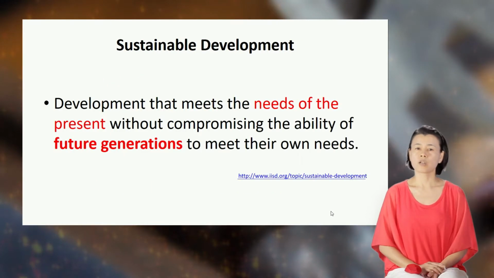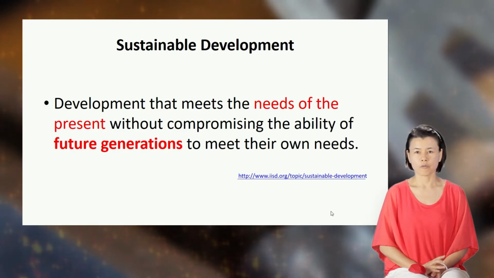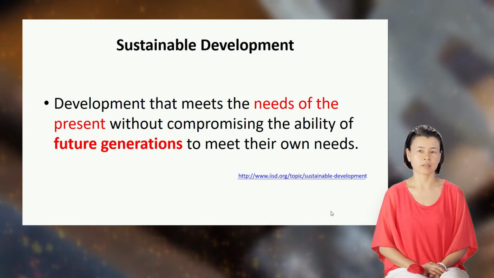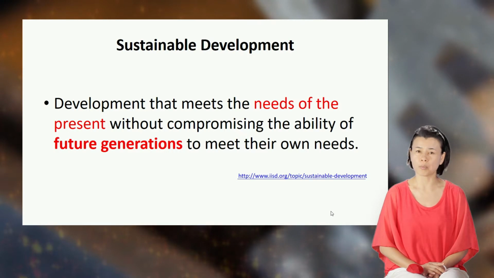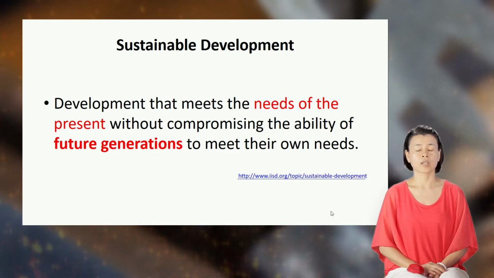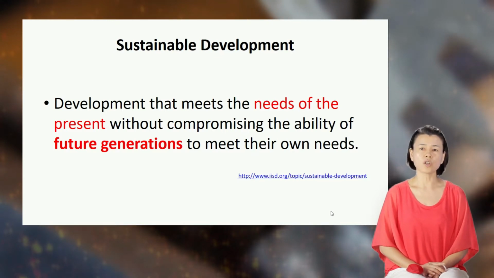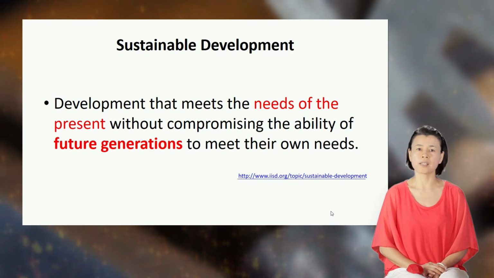First, if we are overfishing, we meet the needs of the present, but the future generations will not have enough fish to meet their needs. Secondly, because fossil fuel is not renewable, if we use it, the total amount of fossil fuel will be severely depleted.